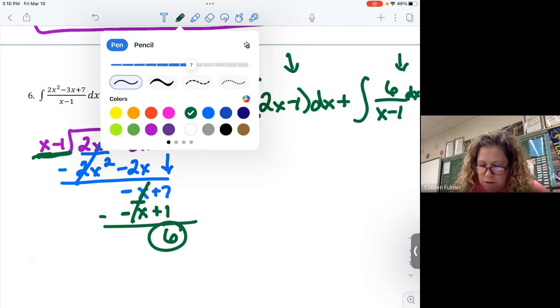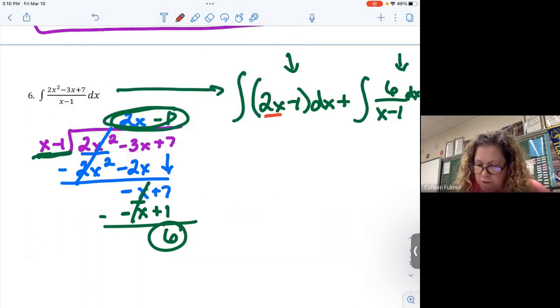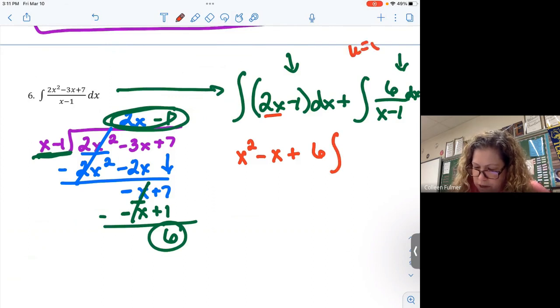Let's go to red. So the antiderivative of 2x is x squared, minus the antiderivative of 1 is x, plus, I'm going to pull this 6 out. And I'm going to do my little u substitution up here. U is going to be x minus 1, and du is dx. So it's an even exchange. I don't have any numbers that I have to resolve. So the 6 is gone.